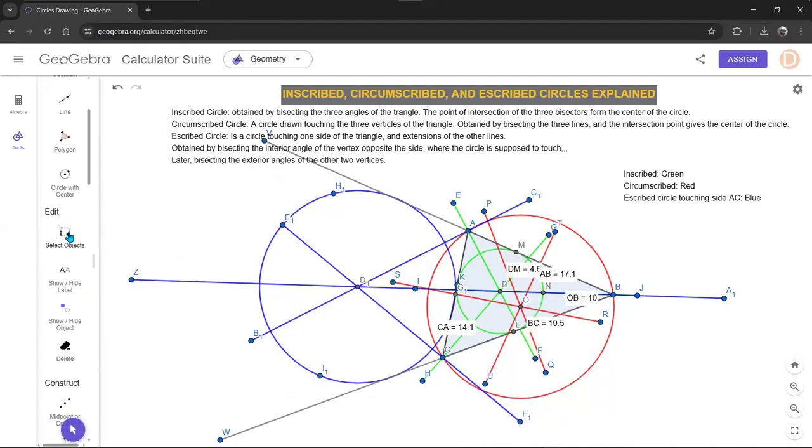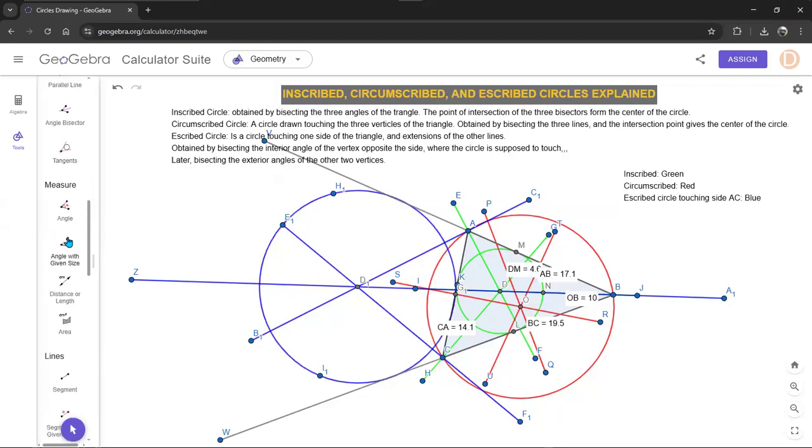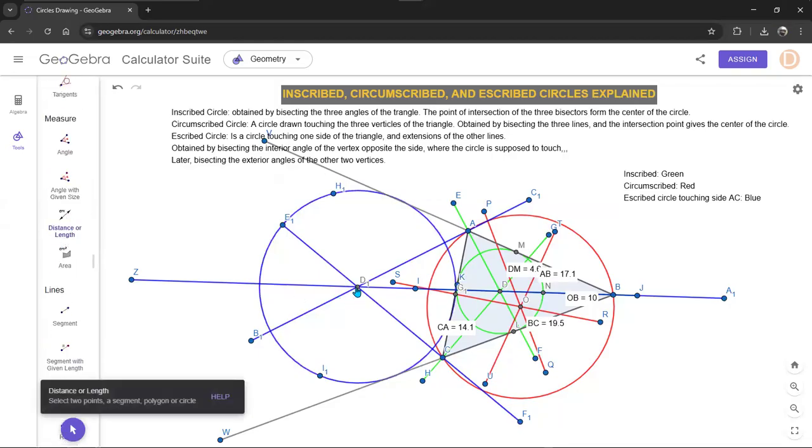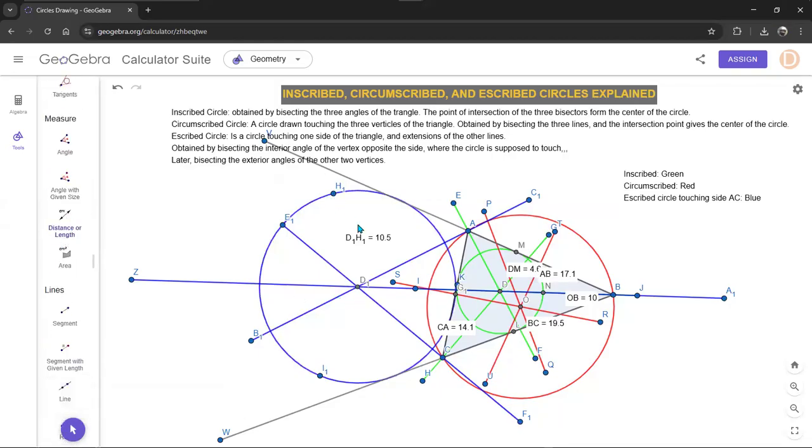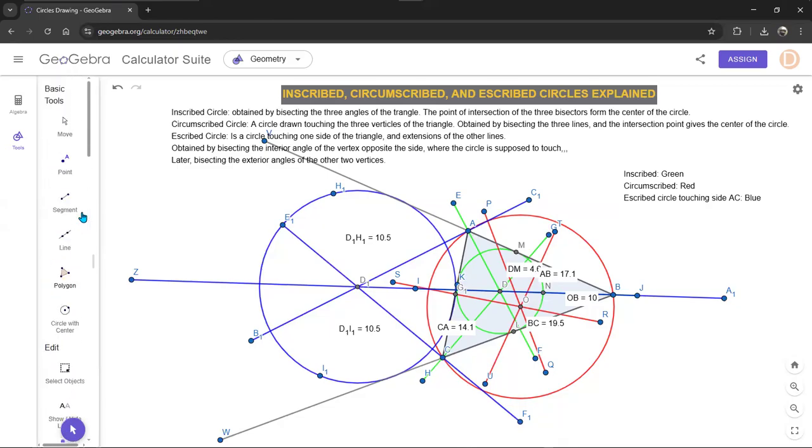And then we measure the distance, which is D1, H1. So we have 10.5 as our radius. The same way, D1, I1, gives you the same. Since we don't need multiple, you just need to delete one.